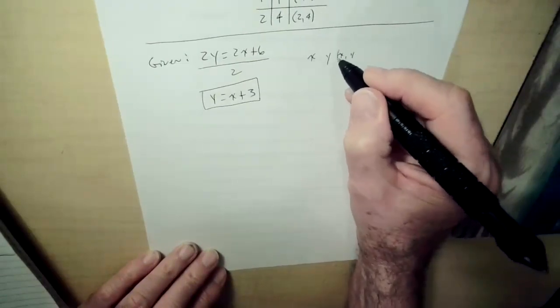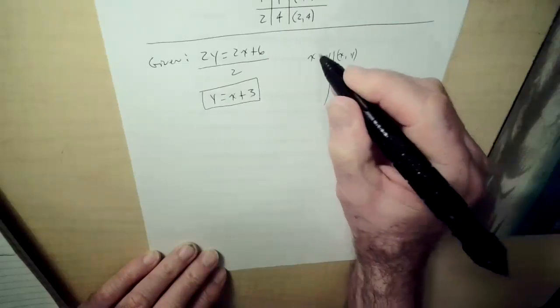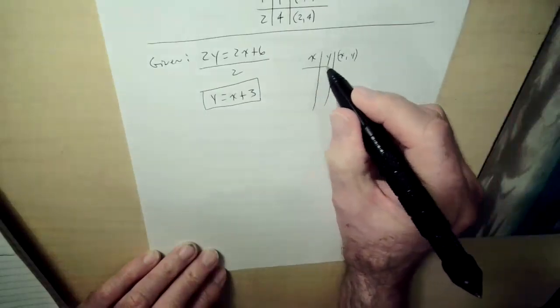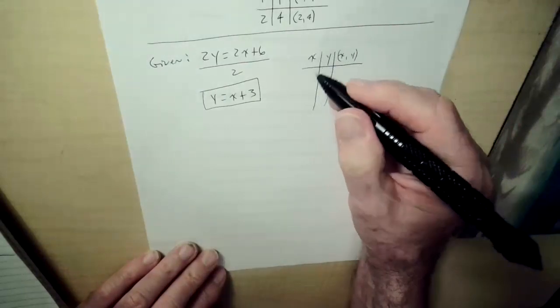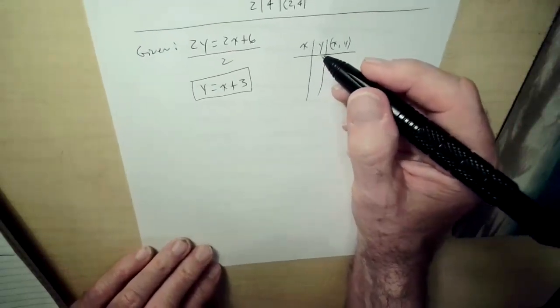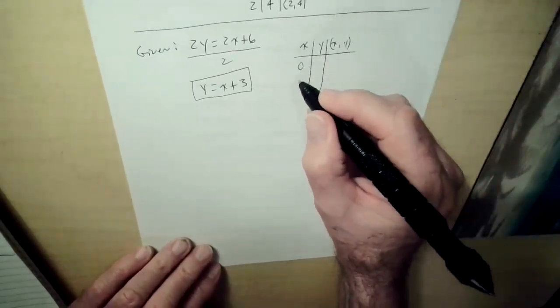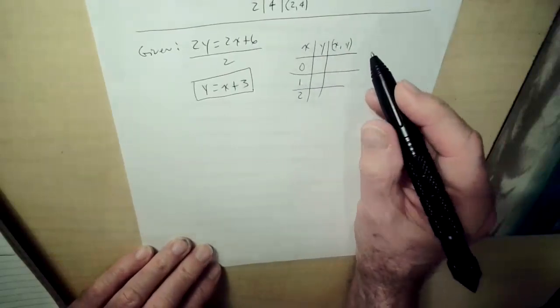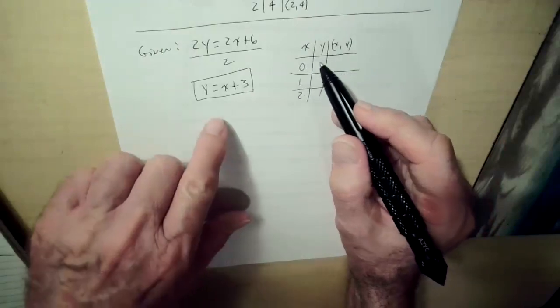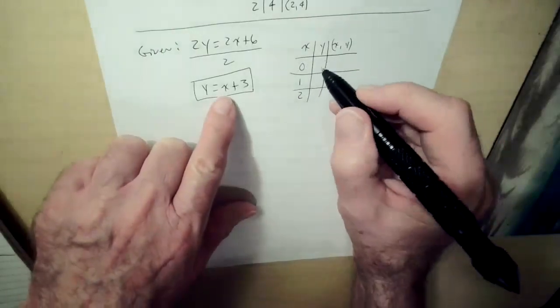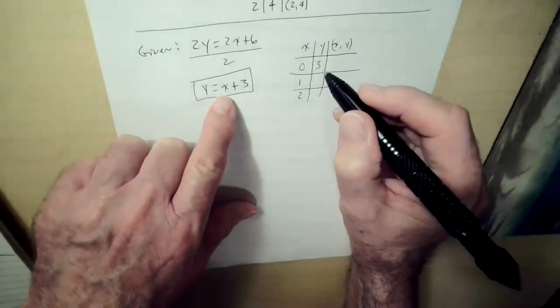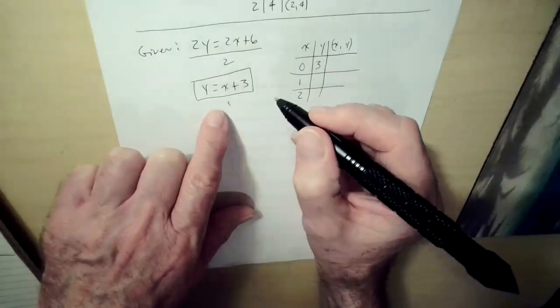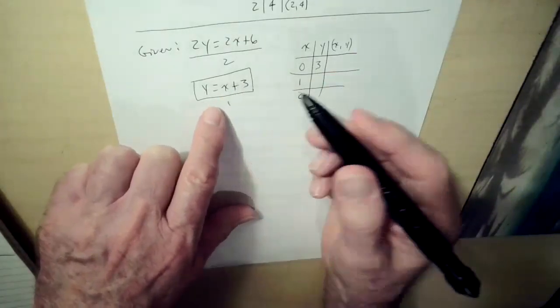Make your table of values. x, y, x comma y. And we take 3 numbers. Doesn't make any difference. Let's use 0, 1, and 2 because they're easy. When x is 0, we're going to end up with the y-intercept, and that's 3.